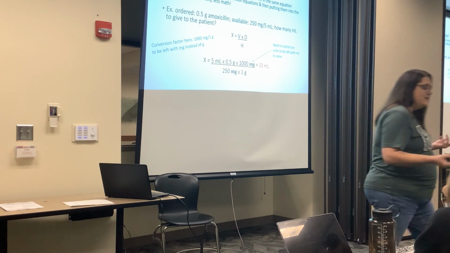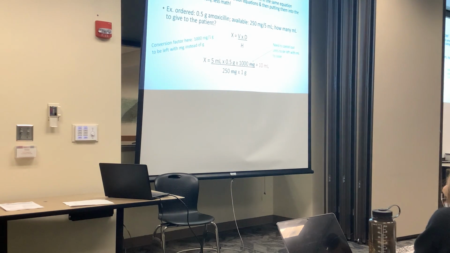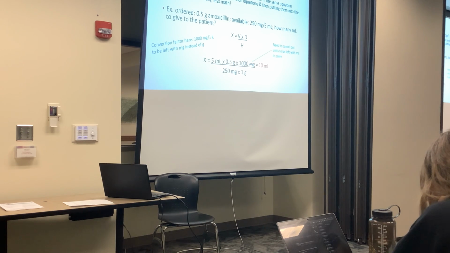So if you had a patient that weighs 60 pounds, then you could further come out here and do in 1 pound, there is 2.2 kilograms, and you have 60 pounds, and so you would mark out, and you could get there.